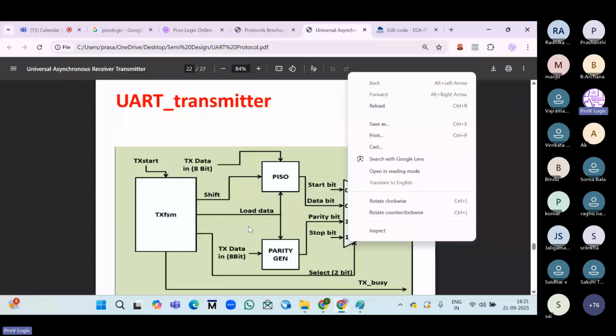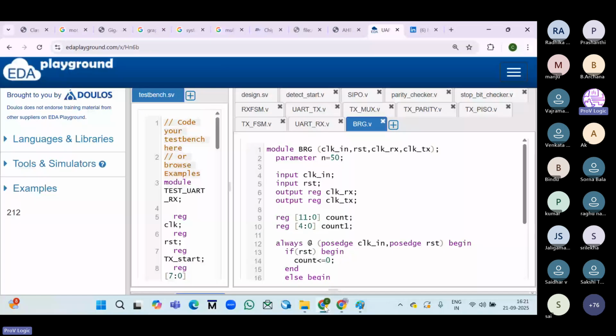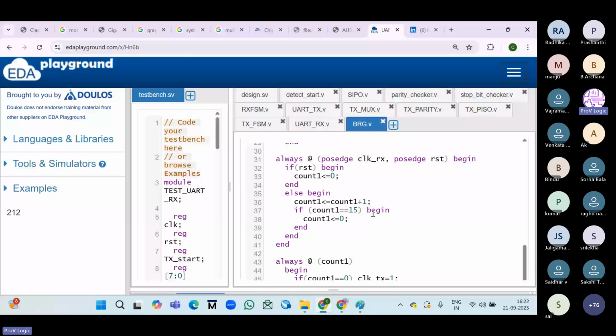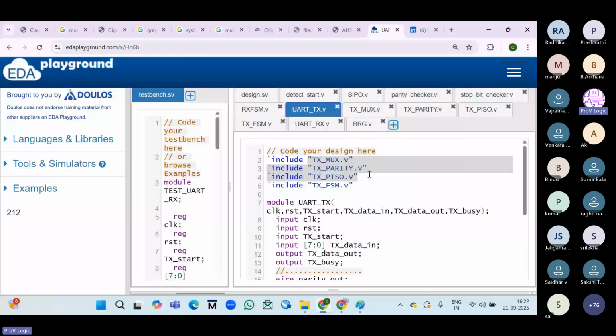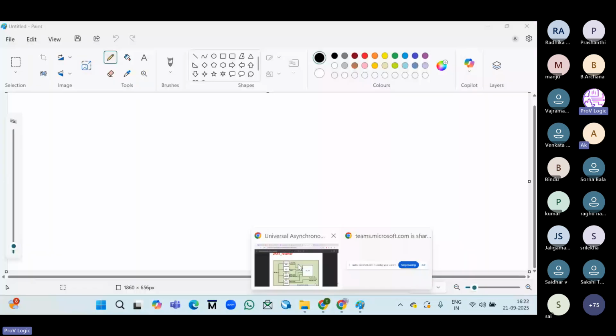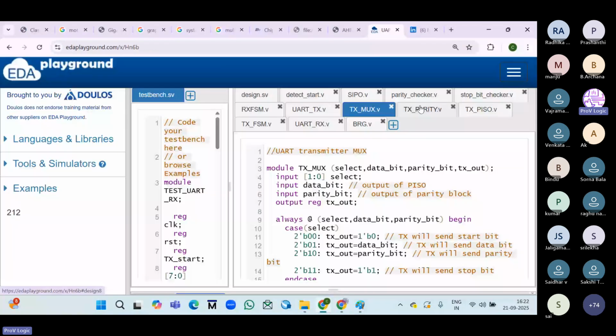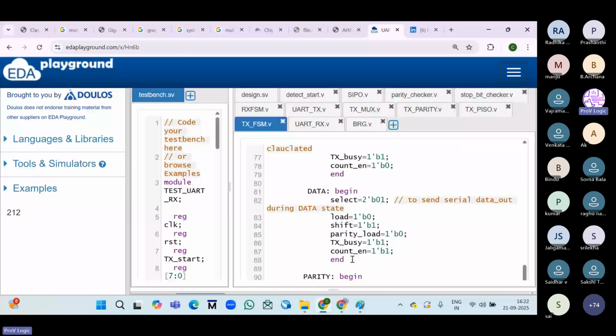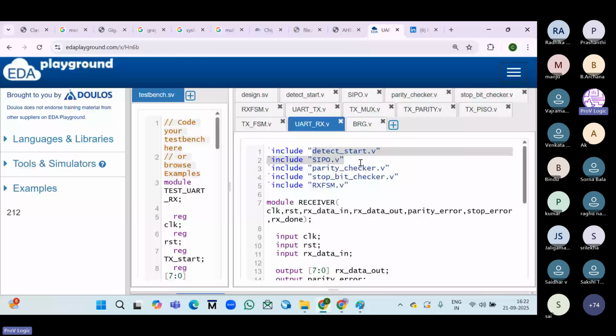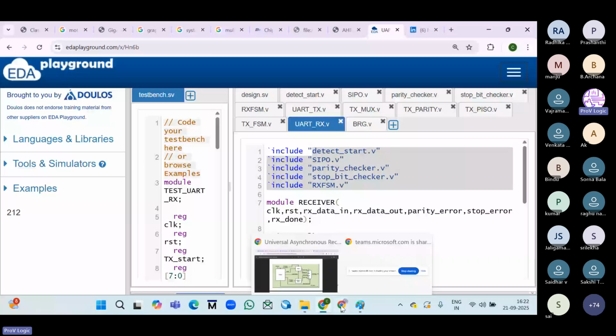We will design every block here. The baud rate generator is one block. The UART transmitter has a multiplexer, parity, parallel-in serial-out, and FSM. Whatever you have seen in this block diagram, the FSM, PISO, parity generator and multiplexer, we will write individually. Likewise for the UART receiver: detect start, CPO, parity checker, stop bit checker, and RX FSM.